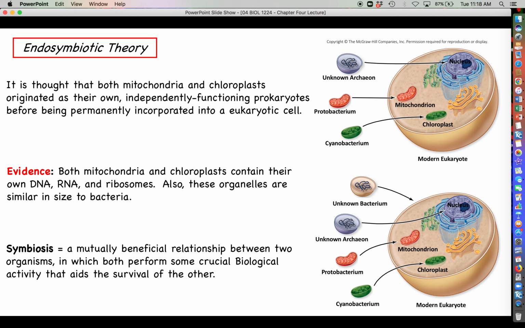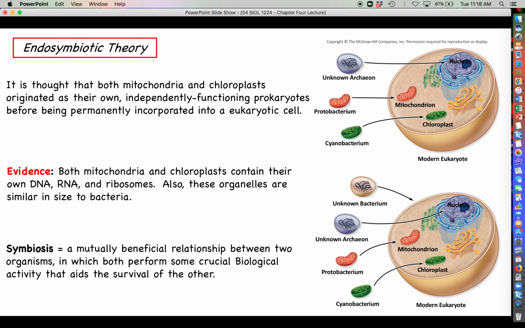If you're not exactly sure what that term means, symbiosis is a beneficial relationship between two different organisms. Basically, it's a kind of relationship where both organisms benefit from the relationship itself. It's kind of like an I-scratch-your-back, you-scratch-my-back relationship. They help each other divide by living together, growing together, and helping each other get what they need.